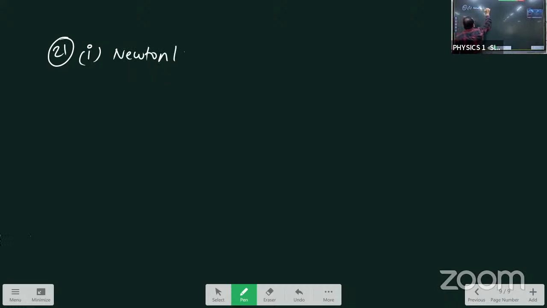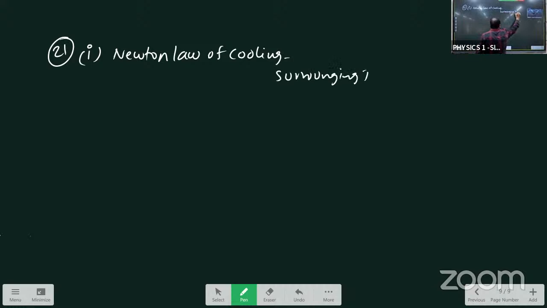Newton's law of cooling, with surrounding temperature 28.3 degrees Celsius.